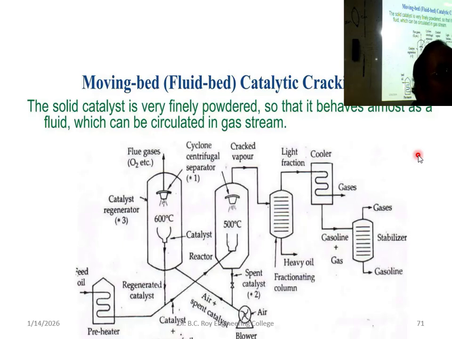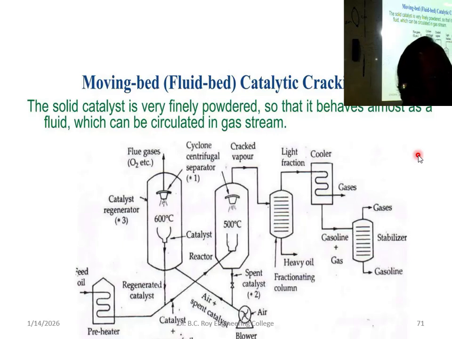Number one, we can use tetraethyl lead or tetramethyl lead. These lead compounds can capture radicals. The radical is the trouble; if you can capture the radical, the problem can be minimized.